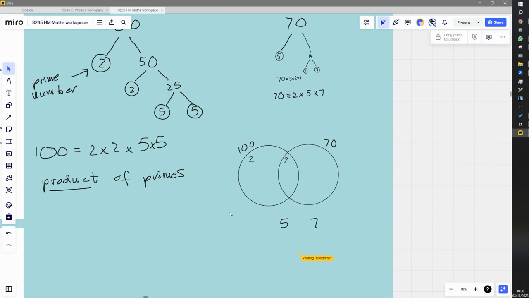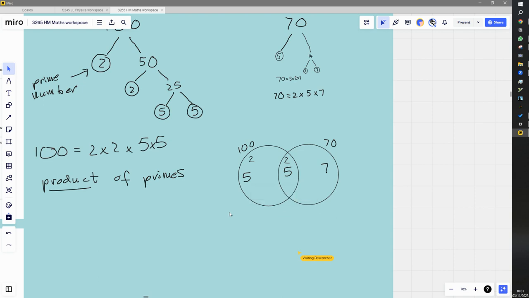There's a 5 that is in both of them, so we put a 5 in the middle. But the 100 has a second 5, so we put that one there. So now the 100 has the 2 2s and the 2 5s, and the 70 has the 2 and the 5, but it doesn't have a 7 yet. The 7 is not in the 100, so we put it there. So now we've got our completed Venn diagram.